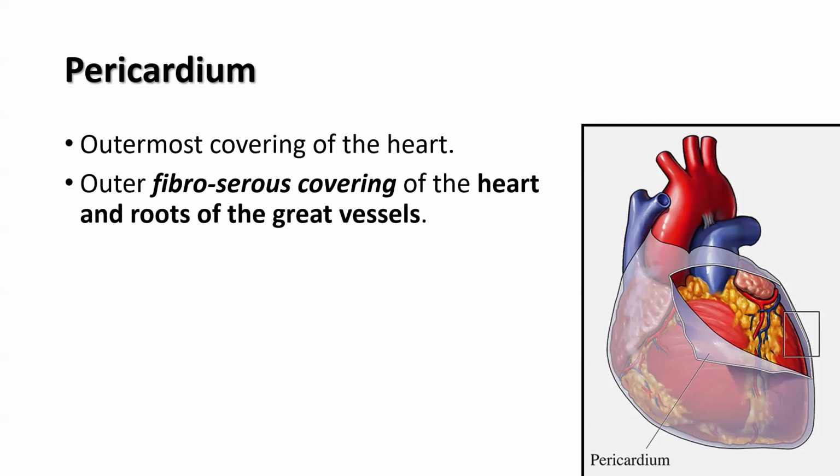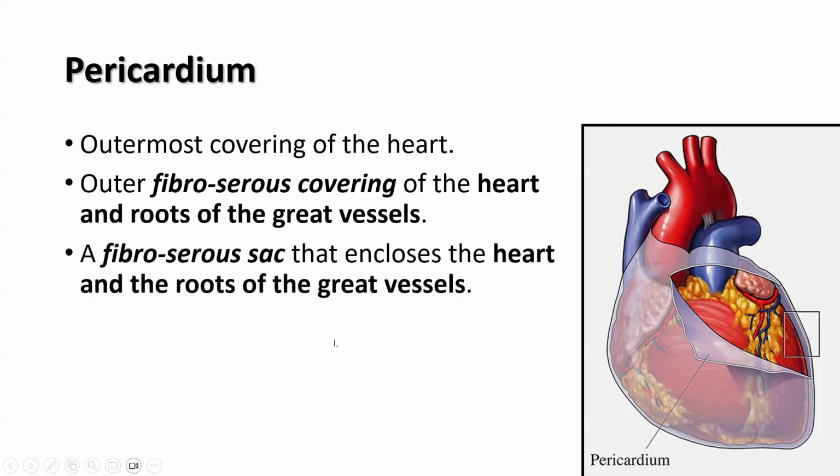So the other definition of pericardium will be outer fibroserous covering of the heart and root of the great vessels is called pericardium. There will be another definition. Pericardium is a fibroserous sac that encloses the heart and root of the great vessels.